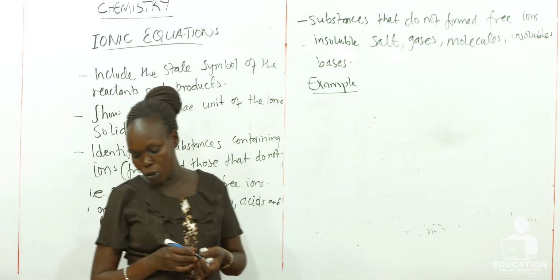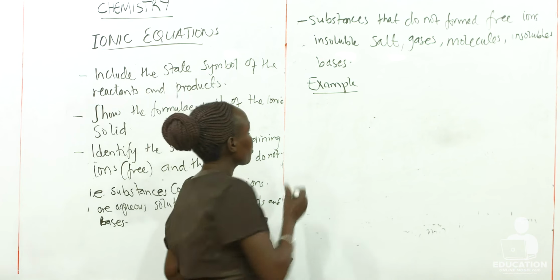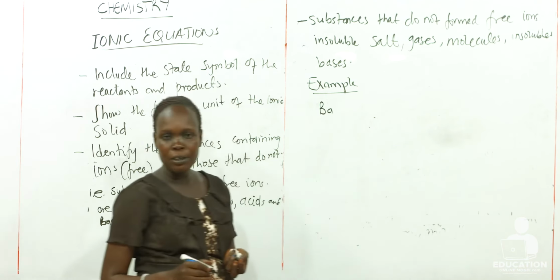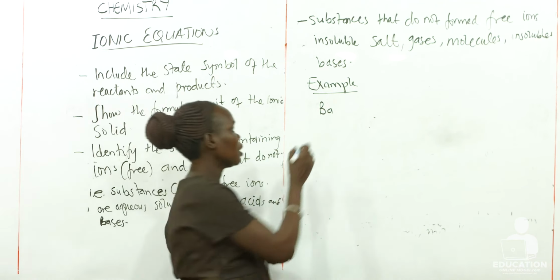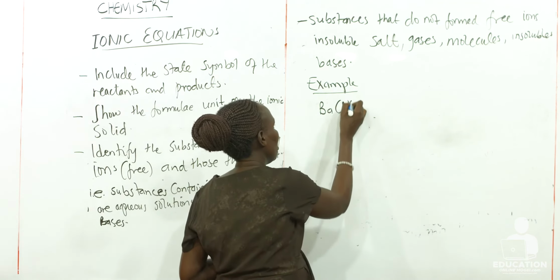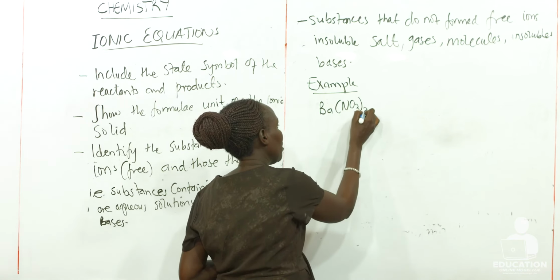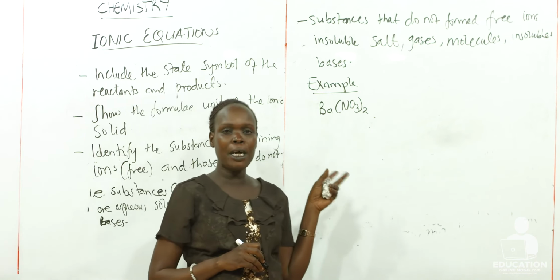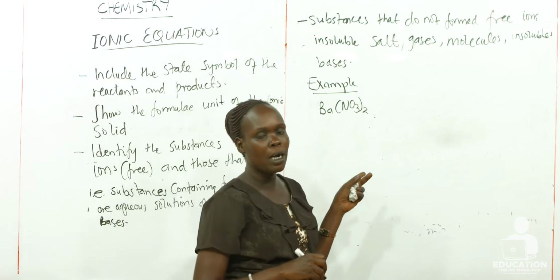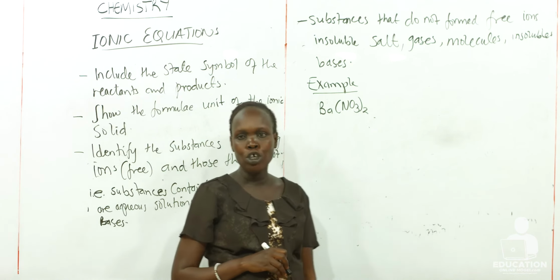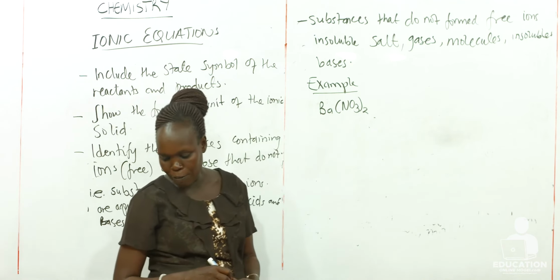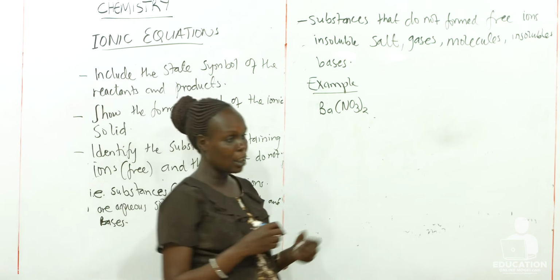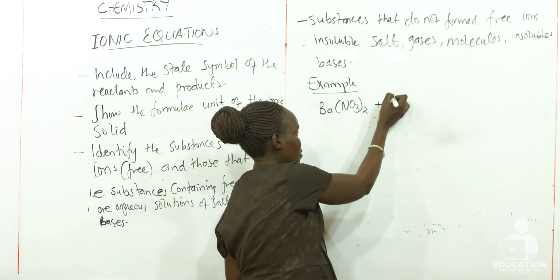If you have barium nitrate, the chemical formula is written like this, with barium, nitrogen and oxygen atoms. So we have the aqueous solution of barium nitrate and sulfuric acid.